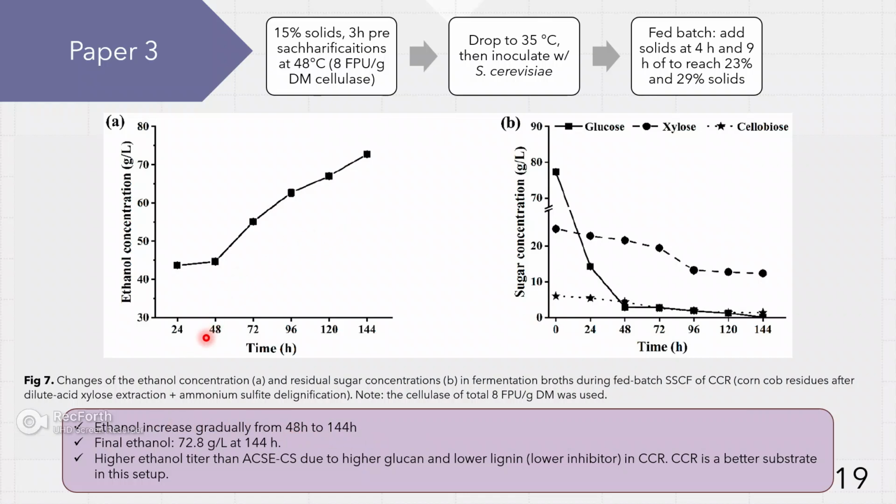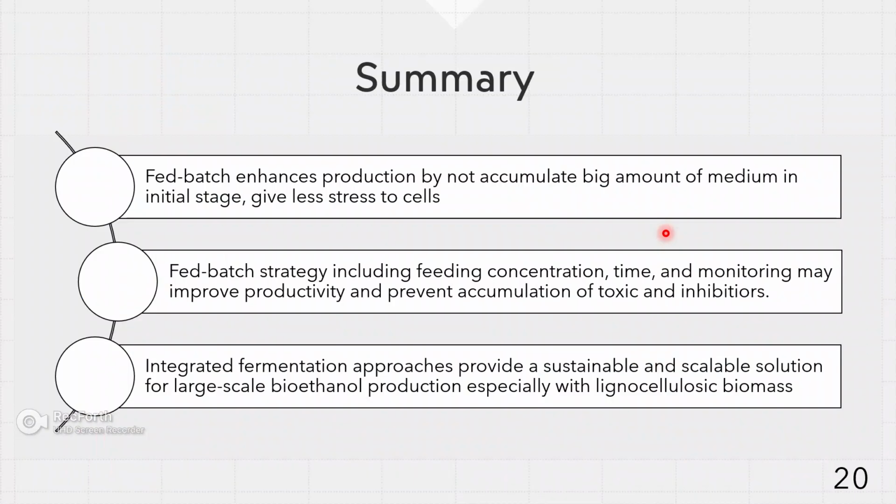In this case, as you can see, the ethanol increased gradually from 48 to 144 hours, and the final ethanol is higher than the previous one, which is 72 grams per L at 144 hours. The higher ethanol titer is due to the higher glucan and lower lignin of the corn cob, which makes it the better substrate in this setup.